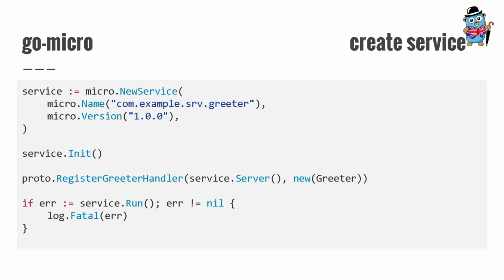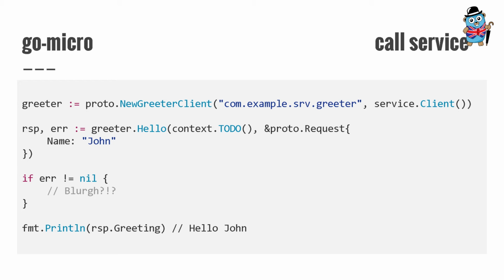And then here what you see is that protobuf generated code. Register greeter handler is essentially some stub code to simplify registering the handler and doing some setup there. And then all we essentially have to do is call service.run. And that's about it. And on the client side, if you're writing a service and you want to talk to this greeter thing, you can use some of that protobuf stub code again to create this client.